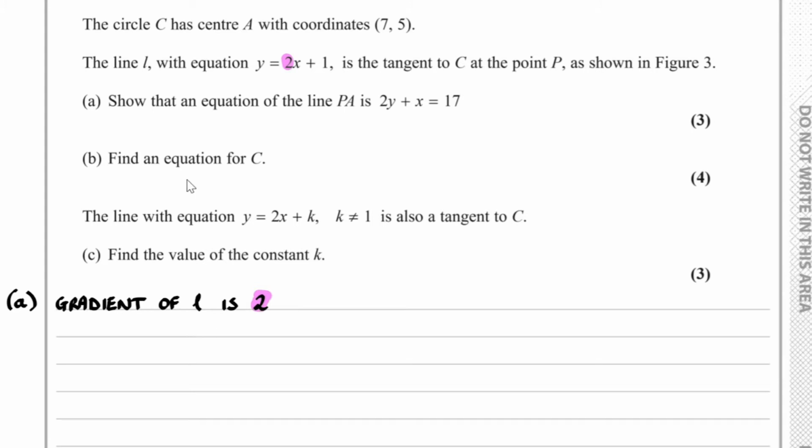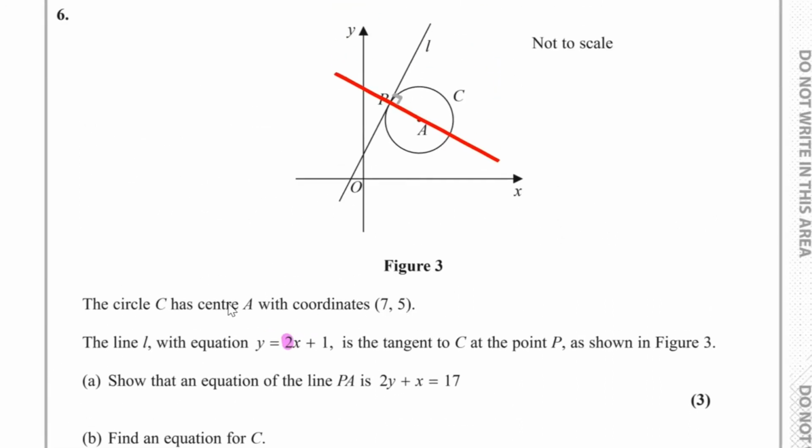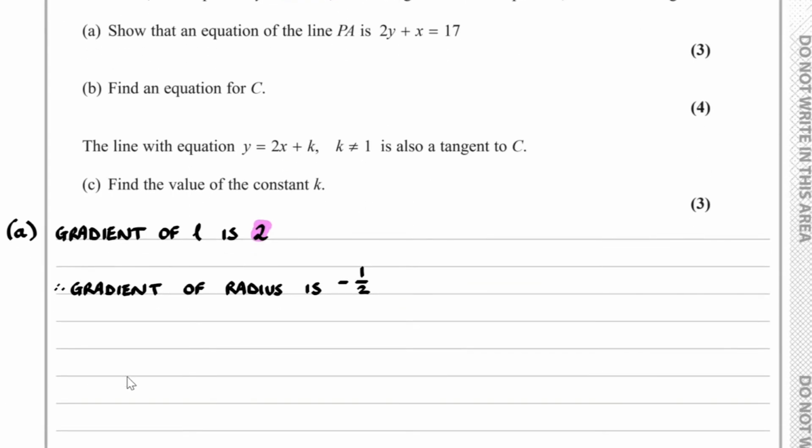Now, if we take a look at the line L, we can see straight away that the gradient of L is 2. It's of the form y equals mx plus c. The gradient is 2. And so therefore, the gradient of the radius will be negative 1/2, the negative reciprocal of 2. And we know that the circle has centre A, and the line here passes through A with coordinates 7, 5, and therefore the equation of the line will be given by y minus 5 equals minus 1/2 multiplied by x minus 7.